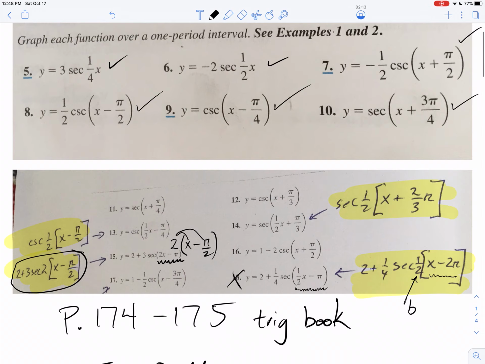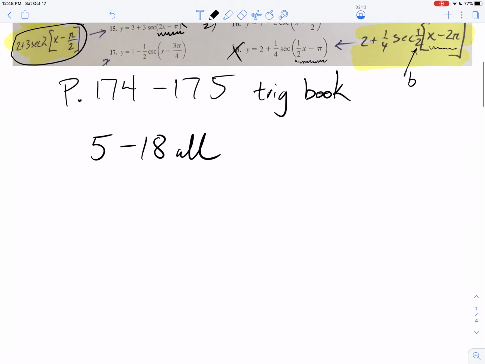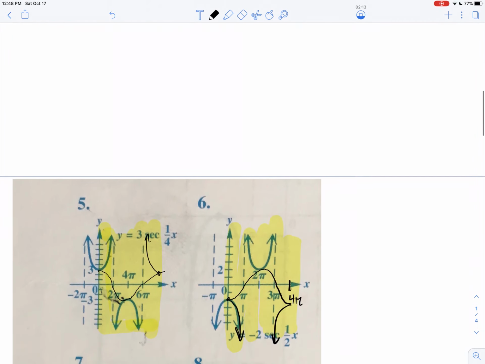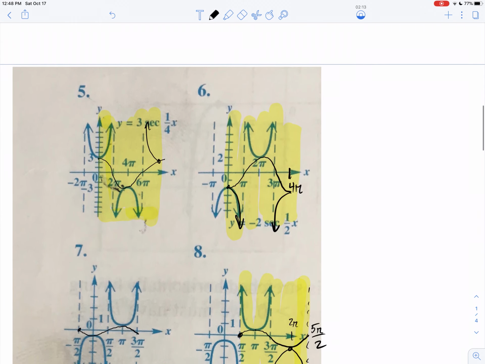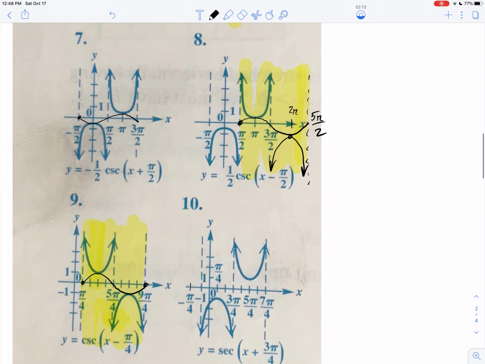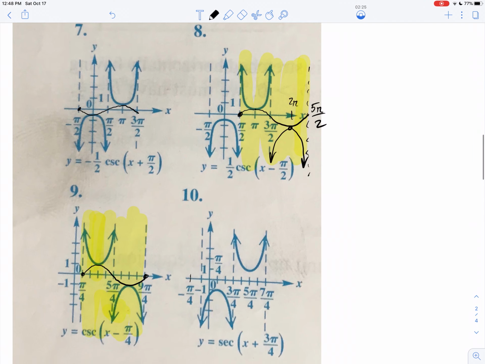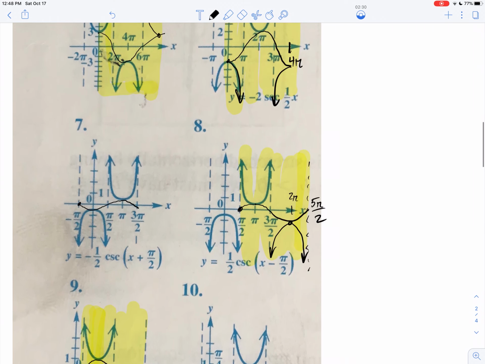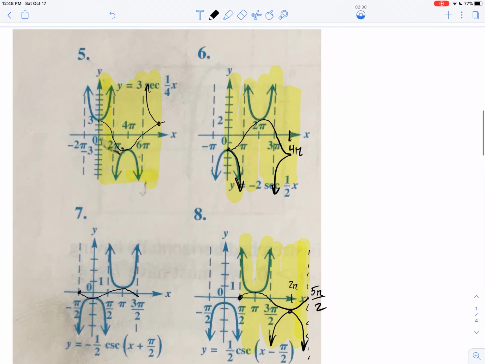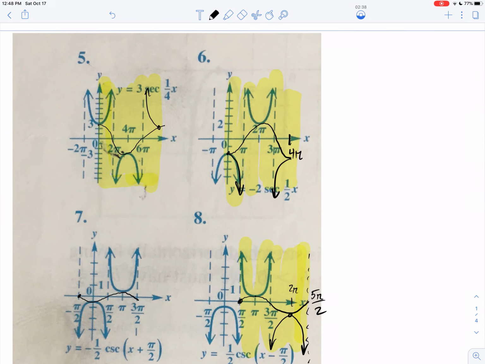So here's the answer key that comes with the book. I want you to really look at problems 5, 6, 7, 8, 9, 10. They don't draw in their guide graphs. Do you see how I personally sketched in the guide graphs there, so it might help your brain out a little bit? But here's where I'm trying to help you out the most.